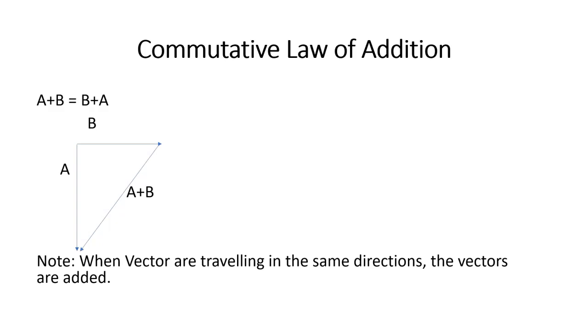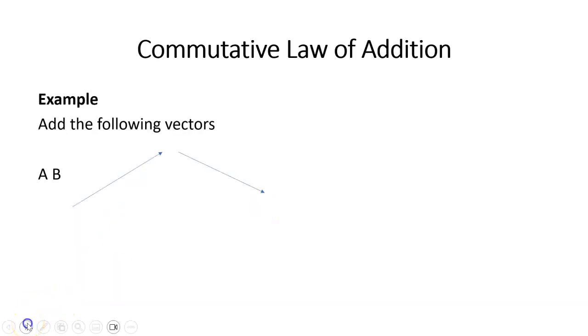So let's keep going and see another way of calculating vectors. Now let's look at this example. Vector A and vector B going in this direction. How do we calculate this vector? Here we have A going this way. We have A plus B that we're trying to add.